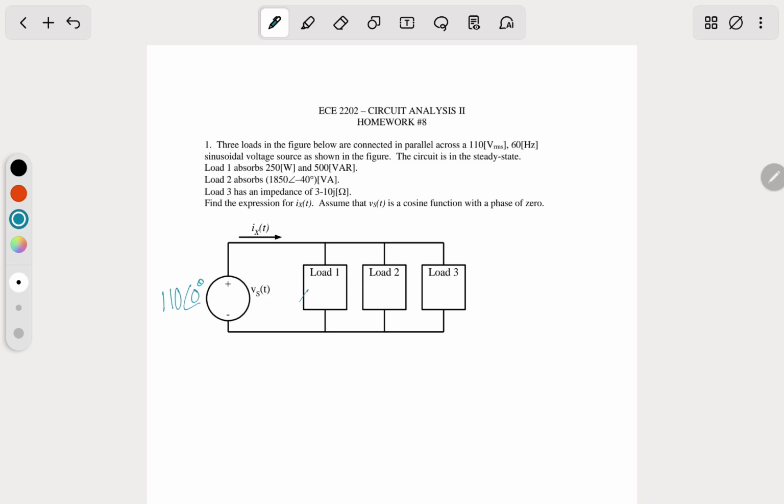So load 1 equals 250 plus 500 imaginary, because complex power equals real power plus imaginary reactive power.